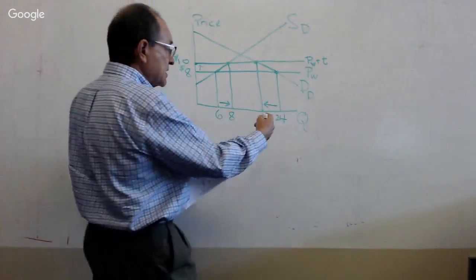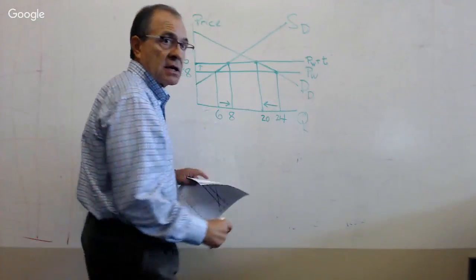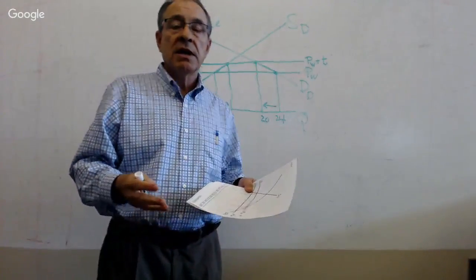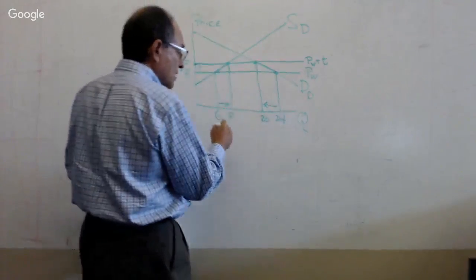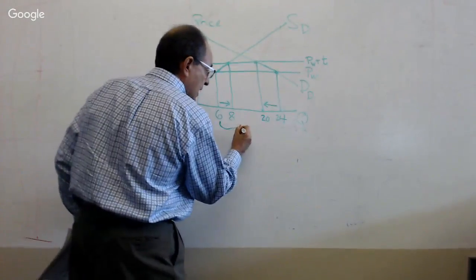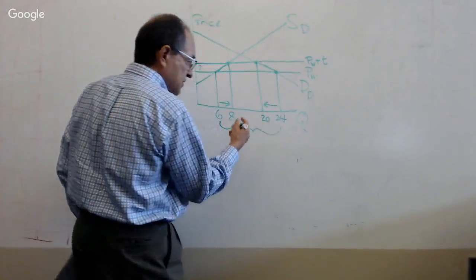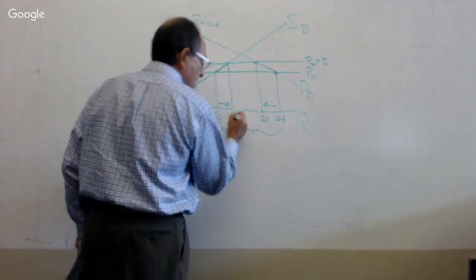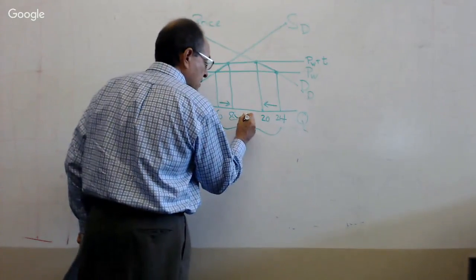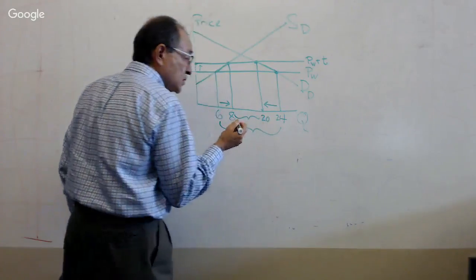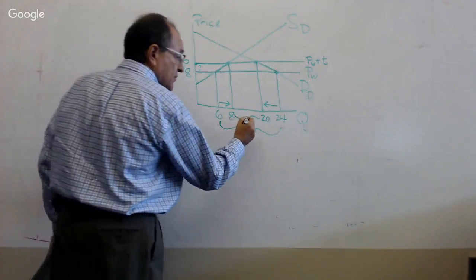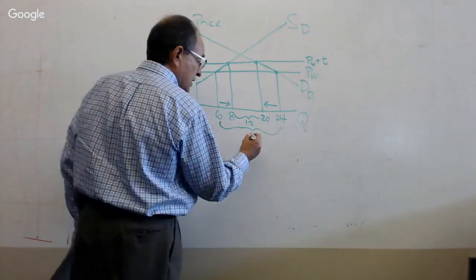And notice that these 2 arrows indicate that imports have declined as well. They've fallen from a total of 18 units, which is 24 minus 6, now to just 20 minus 8, or 12 units.